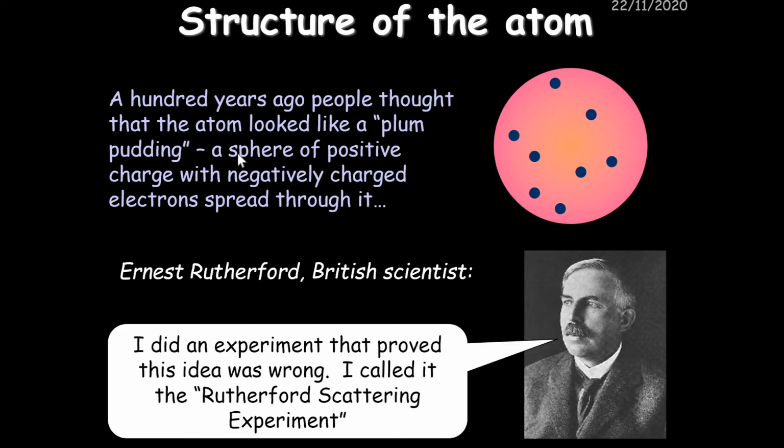So what's he talking about? Well, it was this idea here of the plum pudding model. 100 years ago, people thought that the atom looked like a plum pudding, a sphere of positive charge with negatively charged electrons inside, the electrons being the plums in the pudding.